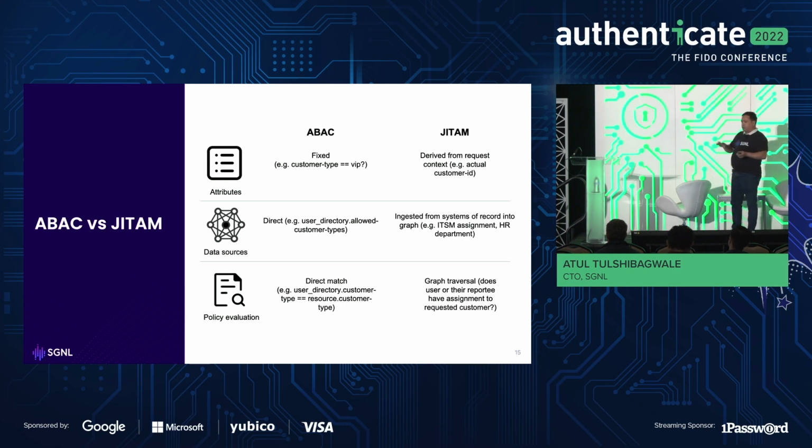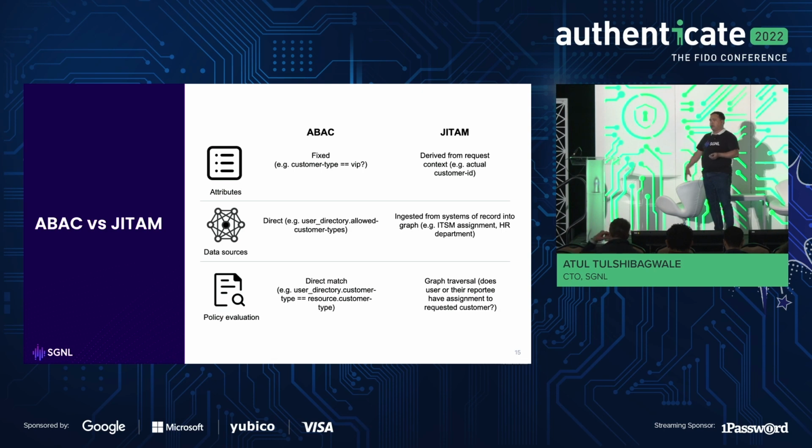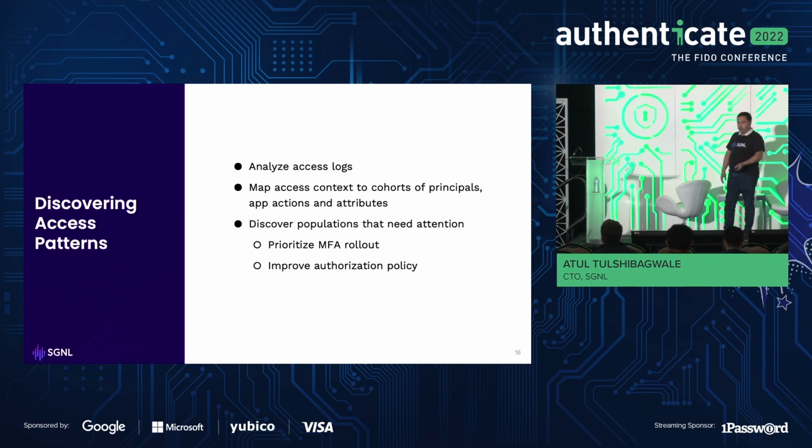And the other thing with ABAC is that you kind of have to do an immediate match. You cannot traverse a graph, because doing multiple joins in real time on relational databases becomes really time consuming. And so instead a graph traversal becomes much easier. And so you can actually have queries that can do things like hierarchical search and stuff like that. So that's the high level difference between ABAC and JITAM.